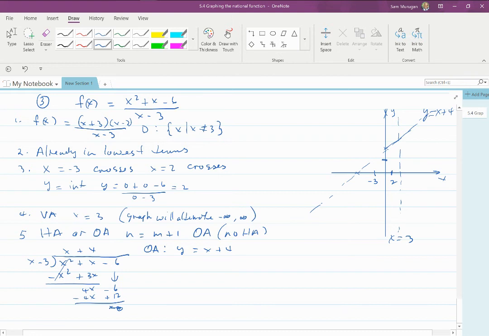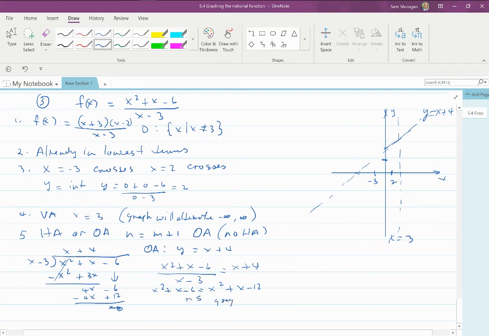Okay, so to determine if this graph intersects the asymptote is a little bit of work because we would have to take the function and set it equal to the asymptote, which is x plus 4. And then if we FOIL everything out, we would get x squared plus x minus 6 is equal to x squared plus x minus 12, which has no solution.